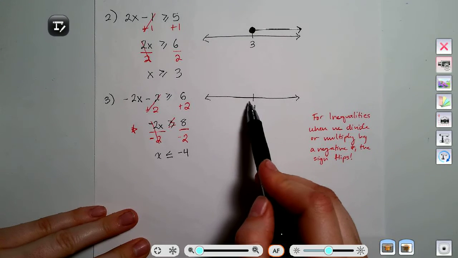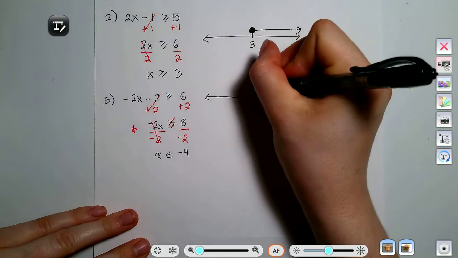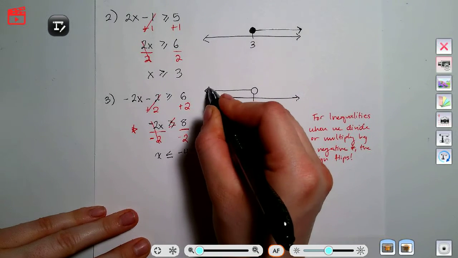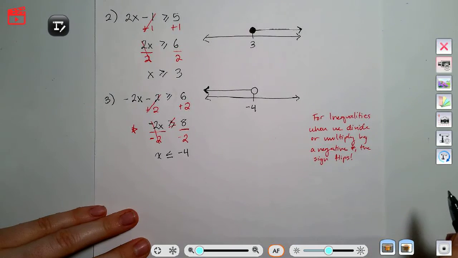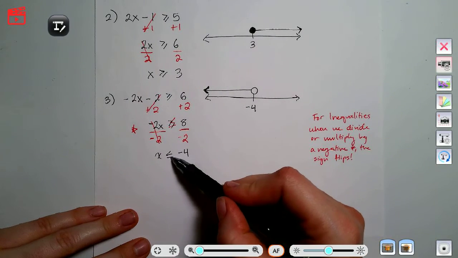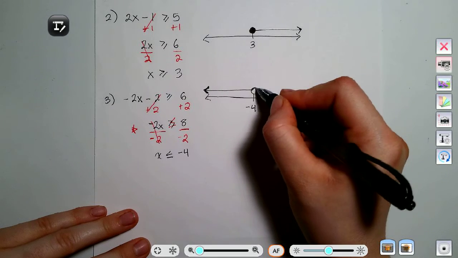So numbers that are smaller than negative 4 are going to be on the left side. So here's my bubble. And we're wanting numbers that are smaller than negative 4. So we're going to take all these numbers over here. Now, do I fill in the bubble? Yes, I do, because it's less than or equal to. That little line right there. So I will fill in my bubble.